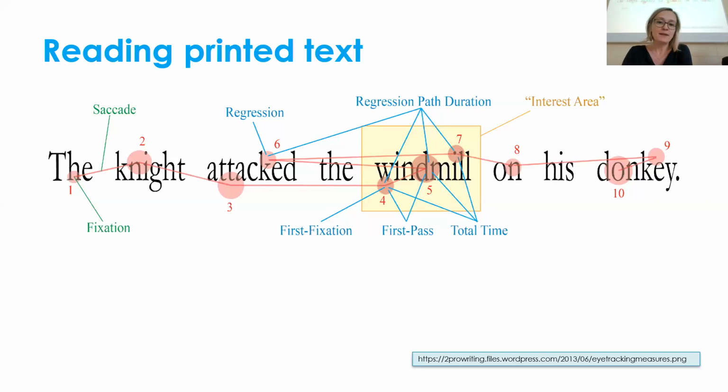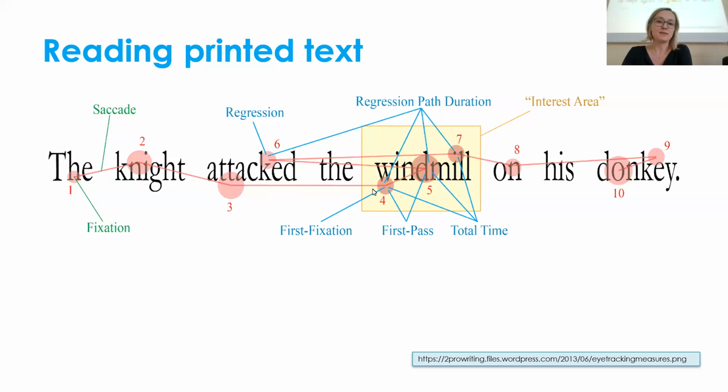So what happened here on this area of interest, we can measure in different ways. Right, so we can have a look at the first fixation. That would be number 4, and that would be indicative of something. I have this explained on further slides, so just to show you. We can also analyze the first pass, so the first sort of round of gaze in this word, right?